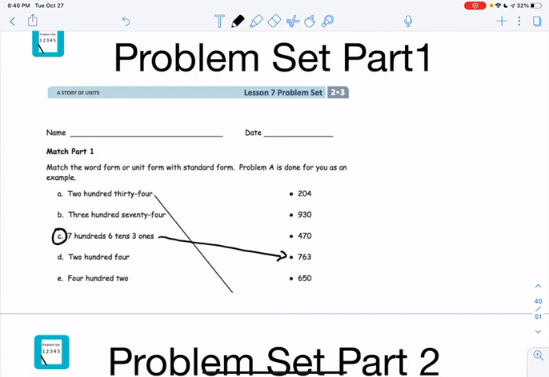Now, let's look at the next one that we can see that might be a little easy. Okay. Well, the rest of them are in word form, so I see 204 here. So let's look down here. So I see a 204. So I'm going to put my arrow there.